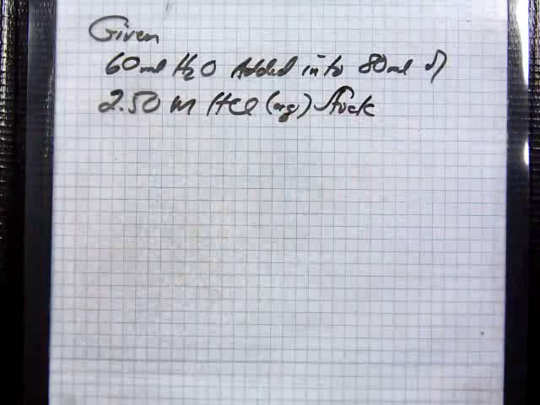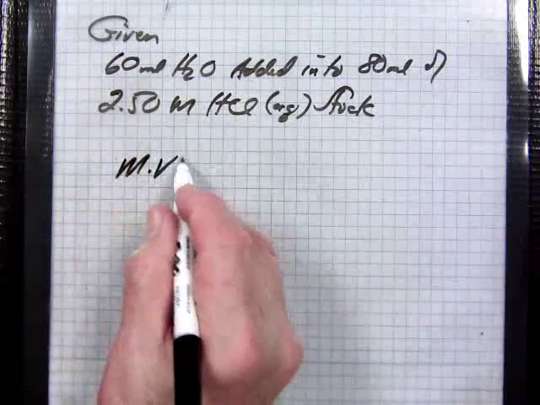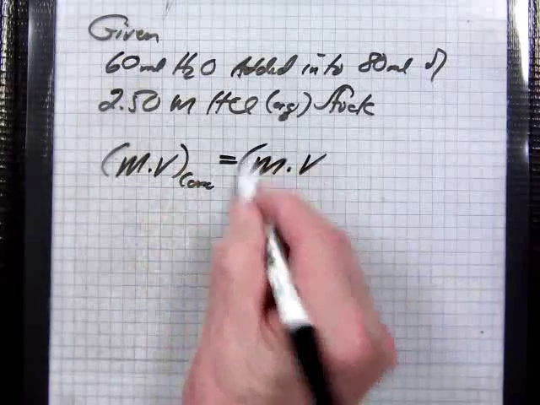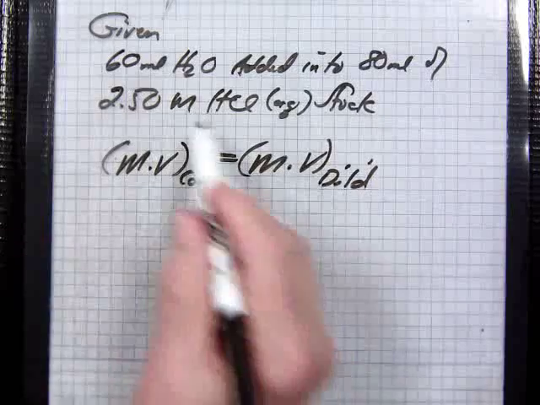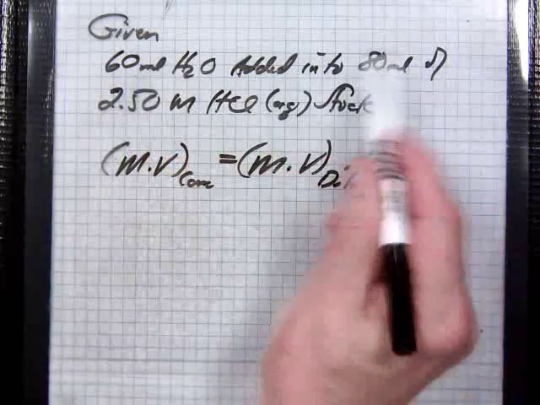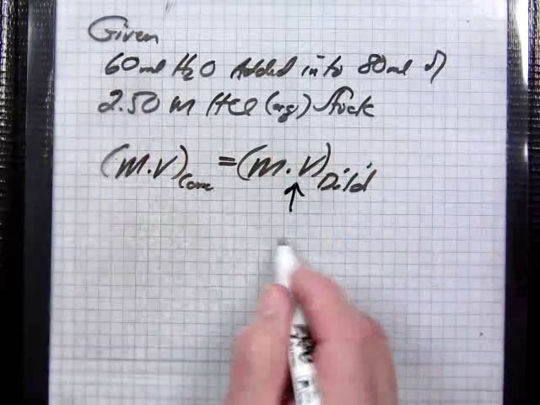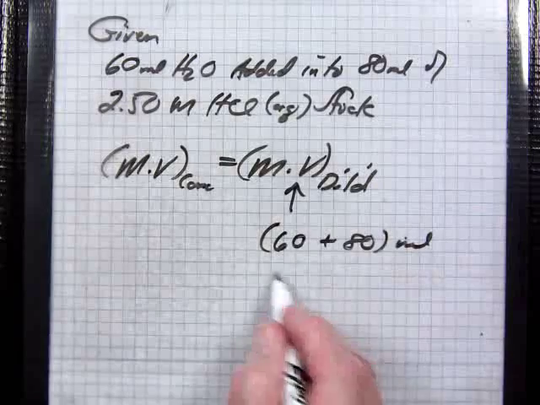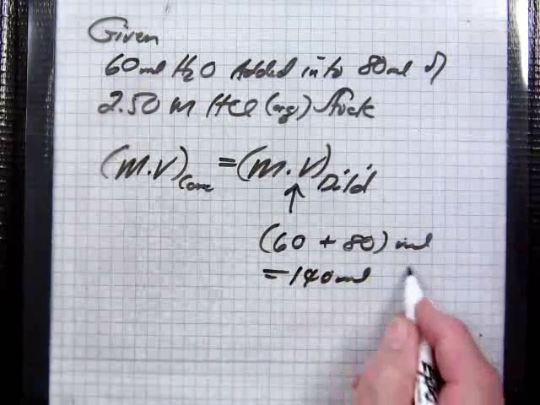What's the concentration of HCl solution after mixing? Well, that's simply molarity times volume of the concentrate is equal to molarity times volume of the diluted sample. So we're adding 60 mils to 80 mils. So our final volume is 60 plus 80 mils, 140 milliliter final volume.